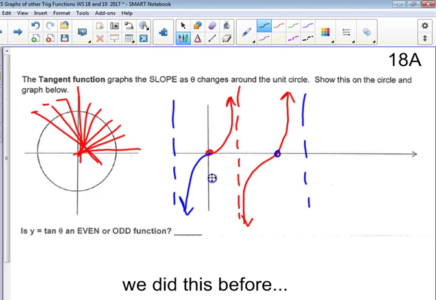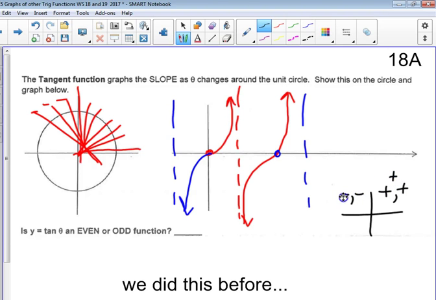All right. Does anybody remember what the period was for tangent? Yes. If I just talk about this real quick, this quadrant is positive, positive. This quadrant is negative, negative, right? If I put all the y over x's in this quadrant, I get a positive.